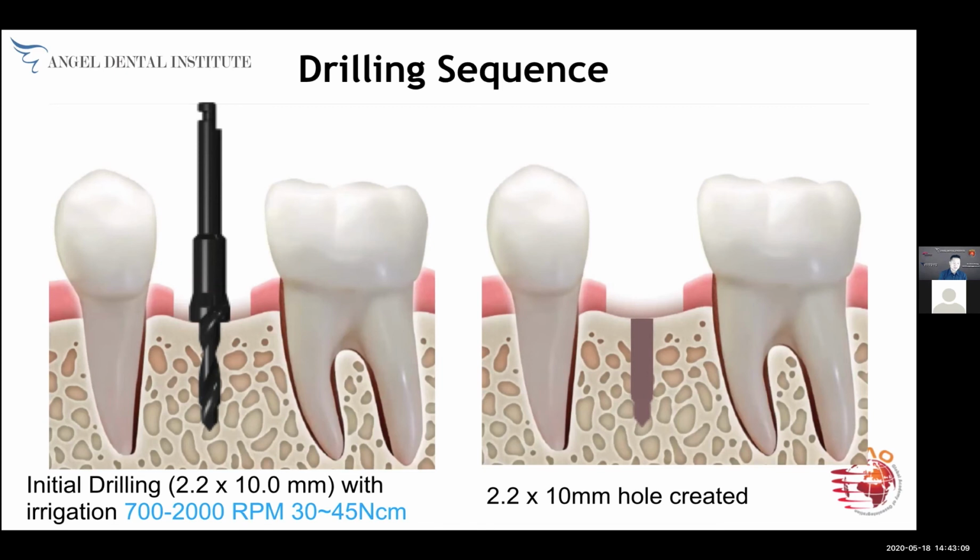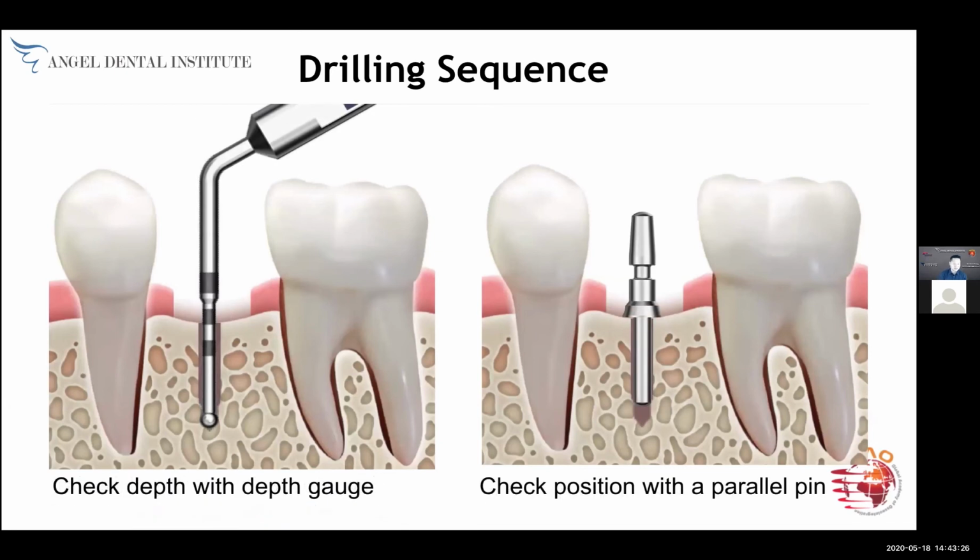So I keep it at 1500 to 2000 RPM with irrigation, and I go all the way to the stop. So this will create a 2.2 by 10 millimeter hole or osteotomy, okay? So I check with the depth gauge to make sure that I went into the bone 10 millimeter.